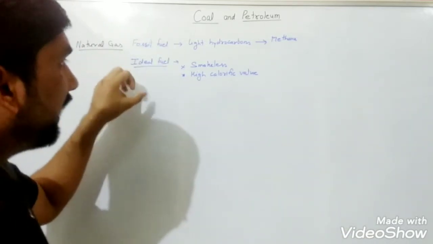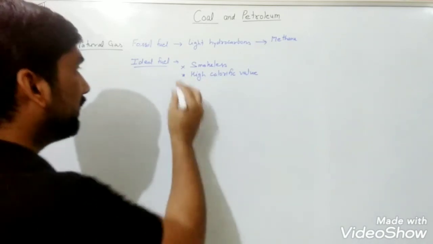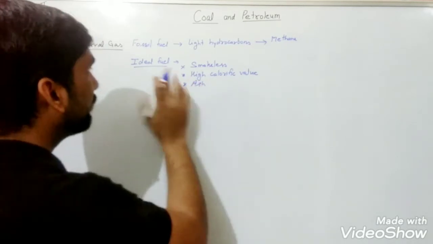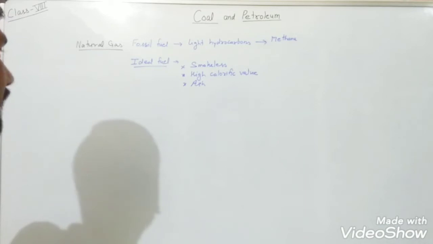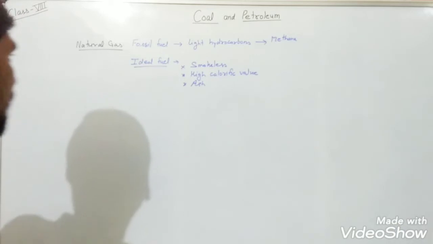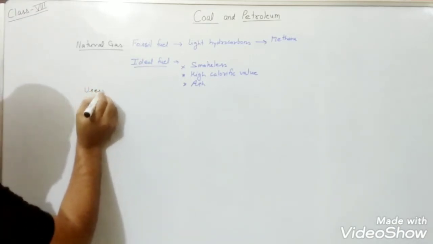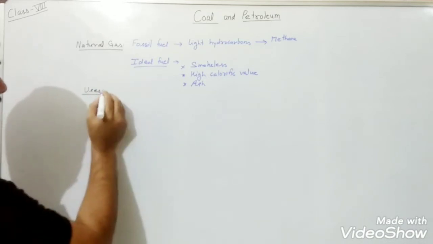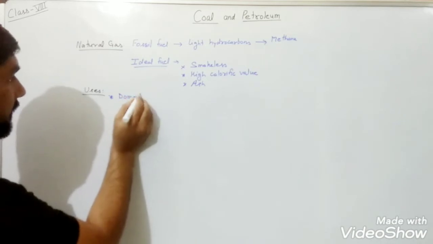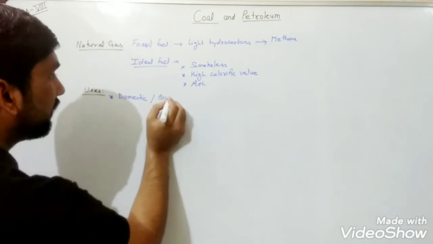So it is providing us high calorific value without having smoke, and it does not produce ash. That's why it is considered as what? Ideal fuel. When we talk about the usage of natural gas, it is used as domestic as well as industrial fuel.